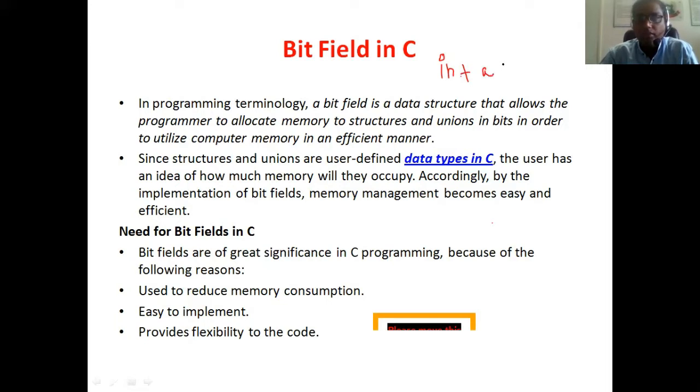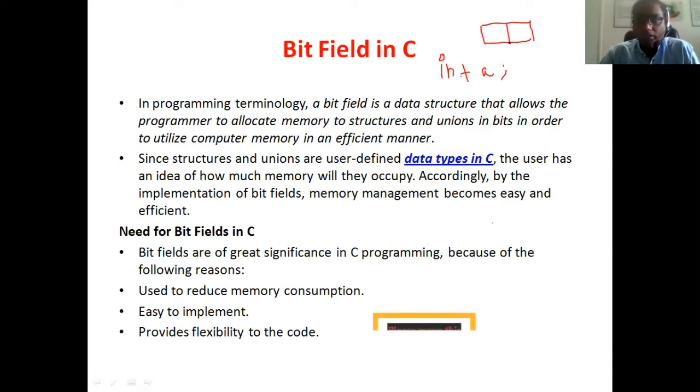Once you declare the variable a, the compiler will automatically allocate the memory. An integer requires 2 bytes of memory location if you are using a 16-bit compiler. If you are having a 32-bit compiler, it means that we require 4 bytes of memory location.